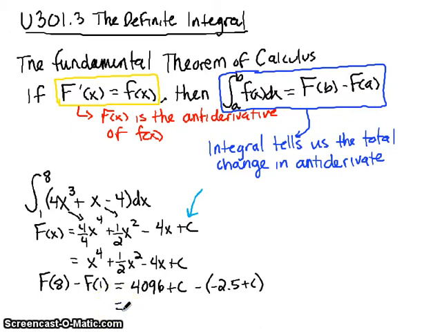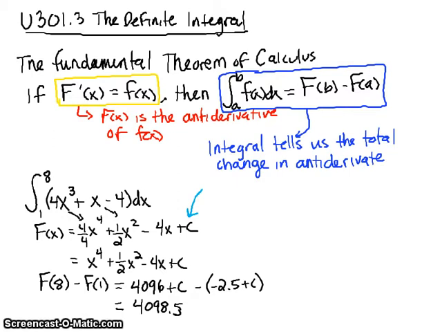Distributing our negative, 4096 minus negative 2.5, so plus 2.5, is 4098.5. And you'll notice that we have c minus c, which gives us 0. So 4098.5 is the total area under the curve of 4x cubed plus x minus 4 from 1 to 8.